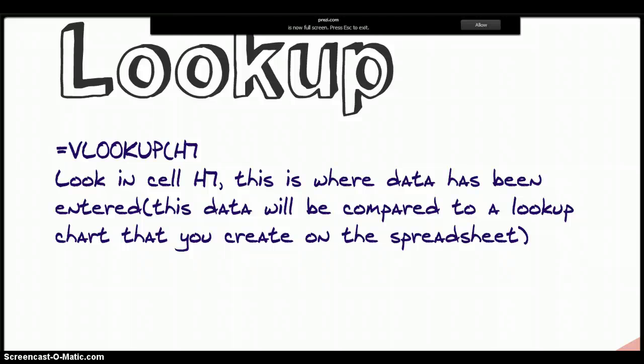So for instance, in cell H7, that would be where we would find maybe a student's percentage, so 75. So we're saying look in cell H7, which contains 75%, and then compare that to our table and tell us what the answer is. So we're just saying look in this cell.